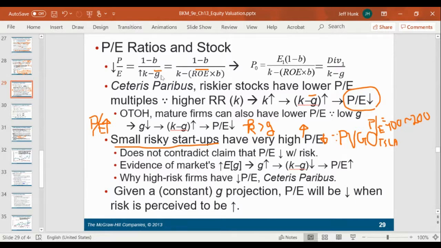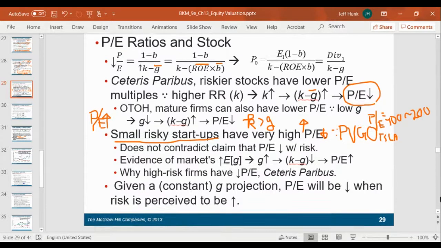The fact that growth rate is constant, steady, means these factors are constant, that ROE and plowback ratio are also steady, and then it's ceteris paribus. Given a constant growth projection, the price earnings ratio will go down when risk is perceived to be high. Okay.